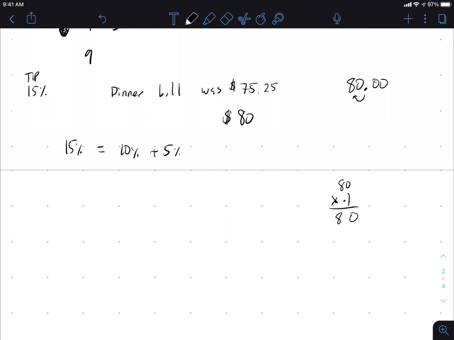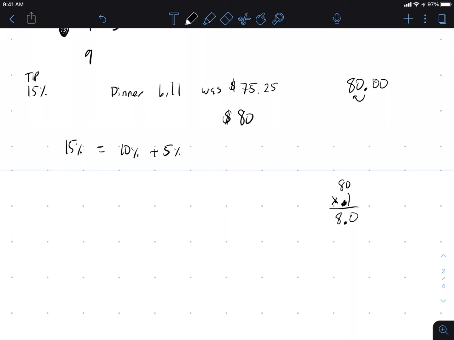See how the decimal's right here? How many numbers are behind the decimal? 1. There's 1, so I gotta have one number behind the decimal. And so that makes it 8. But instead of thinking about it that way, just move the decimal 1 to the right, or 1 to the left.